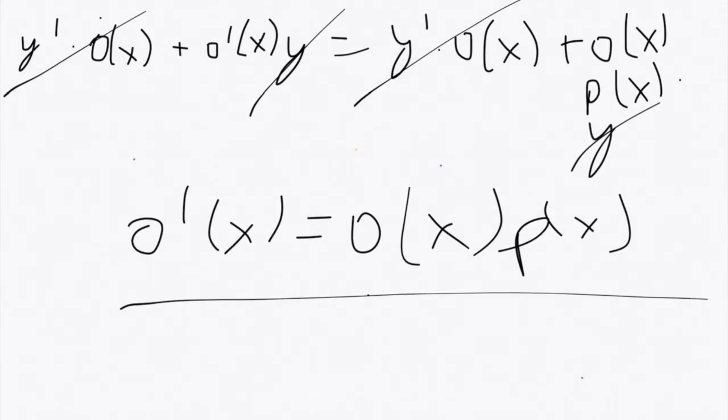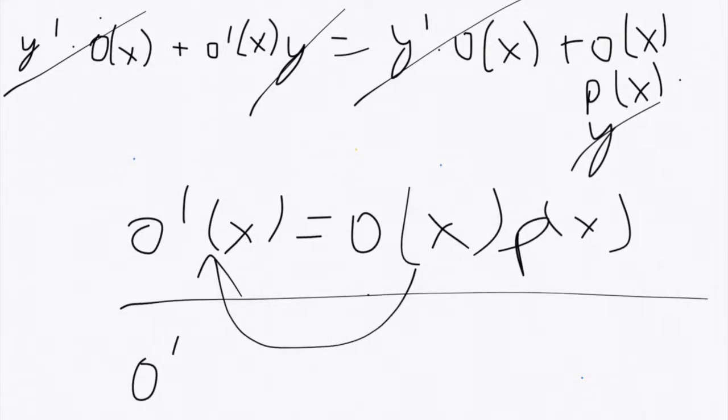What we're going to do here is solve for o of x. So what we're going to first do is bring this o of x over here, dividing both sides by o of x. We get o prime of x over o of x is equal to p of x.